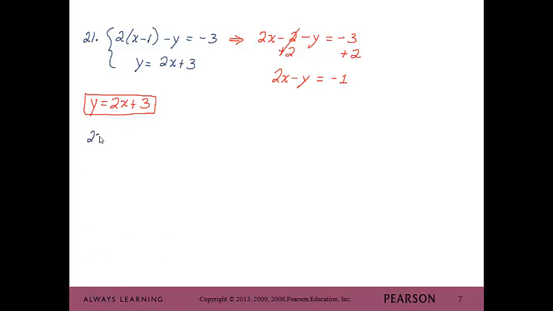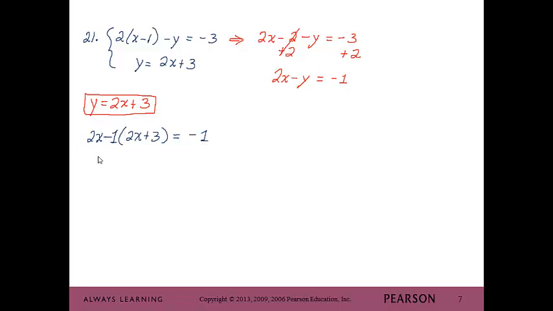So we're going to have 2x minus 2x plus 3. Notice I had to use parentheses even with the minus sign here, because that's like saying negative 1. And this negative has to be multiplied on every term, so make sure you have your parentheses. And this will equal negative 1.